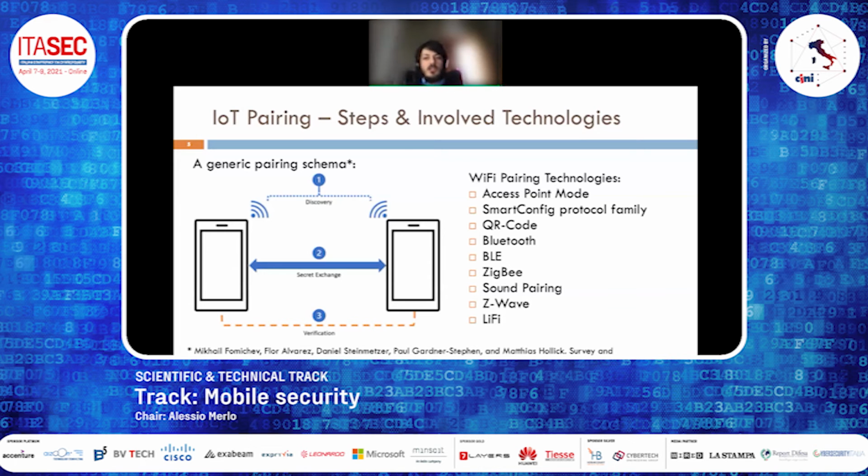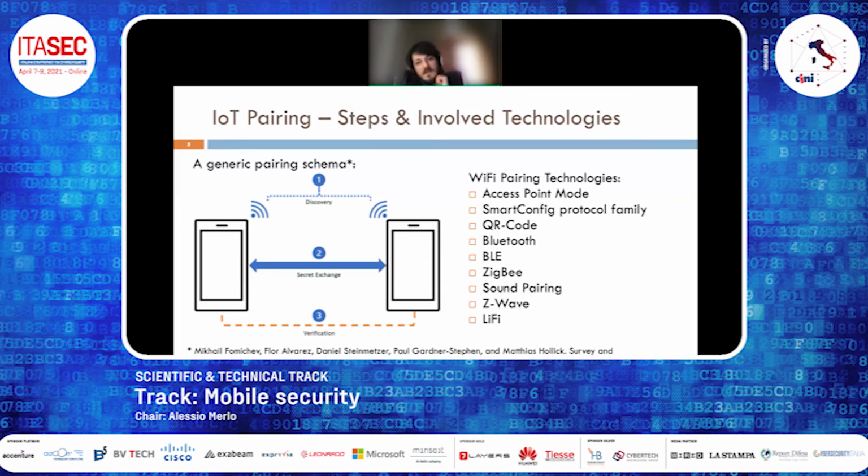The secret exchange is devoted to the creation of a secure communication channel, and the verification is where the involved entities verify the shared secrets and verify that the process has not been tampered with. This last step might not always be implemented.